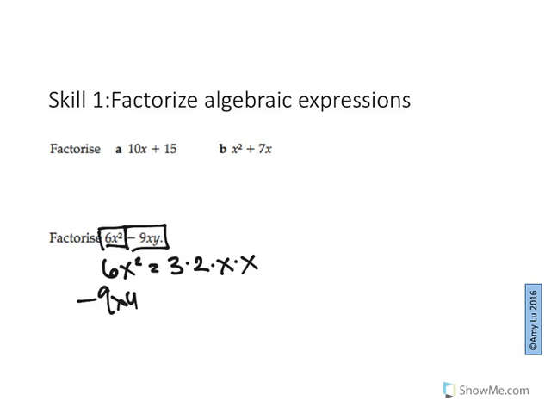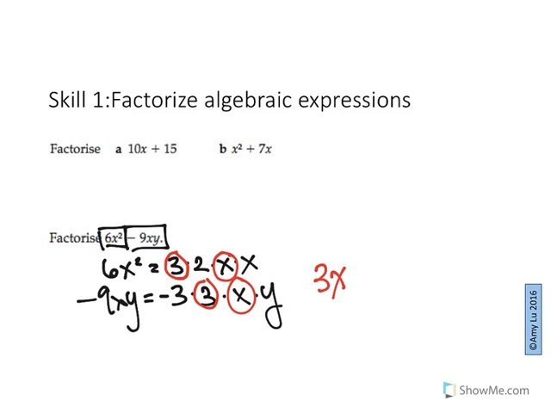Negative 9xy breaks apart into negative 3 times 3 times x times y. Okay, what do they have in common? They have a 3 in common, and they have an x in common. Pull it out, 3x. Set up your brackets. Write down what's left over.